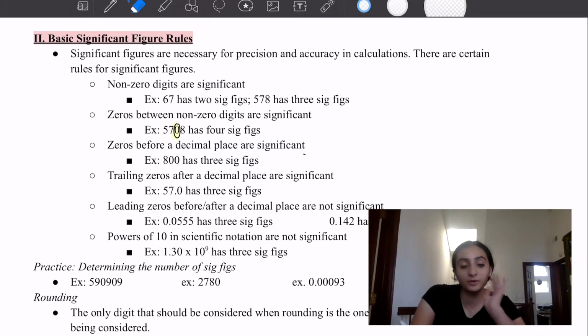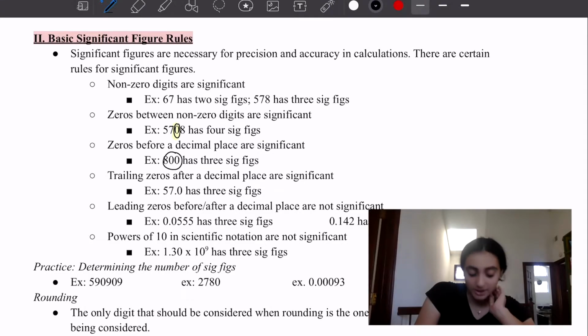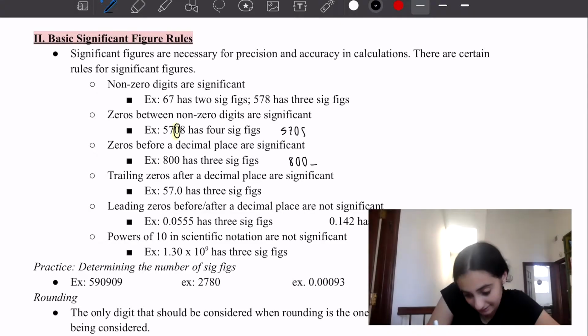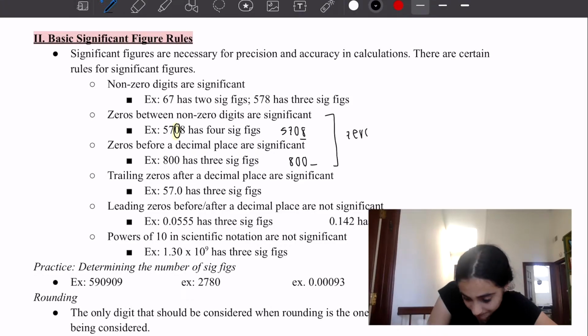Zeros before a decimal place are significant. As you can see, there's no decimal place here, and these two rules differ because 800 does not have any non-zero numbers after it, versus the zero in 5,708 has a non-zero number after it. However, in both of these conditions, the zeros are still significant.